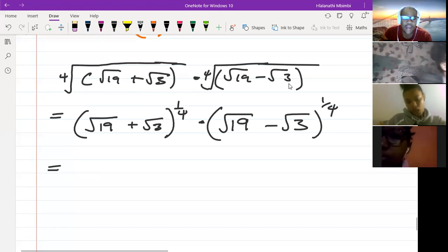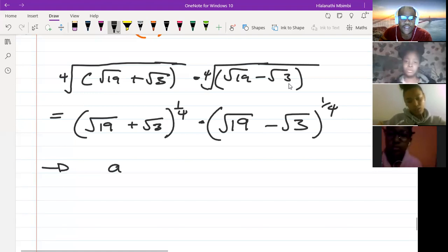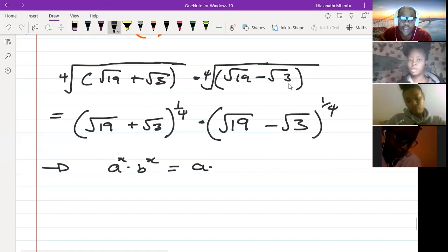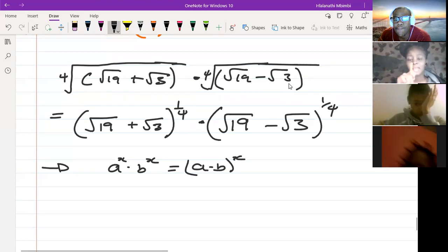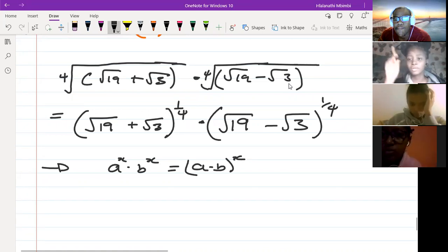I highlighted to you an exponent rule that says a^x times b^x is equal to (a times b)^x. Did that click, how you might potentially use that? So does it become bracket square root of 19 plus square root of 3 and then times the square root of 19 minus the square root of 3, and then bracket to the power of 1 over 4?